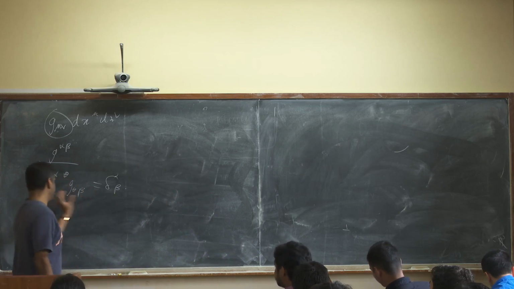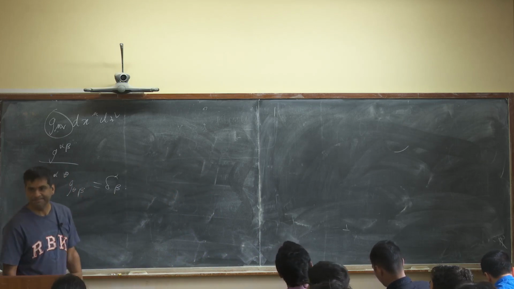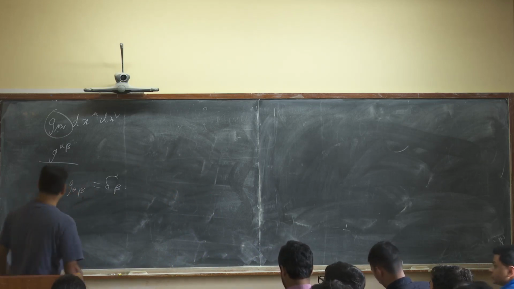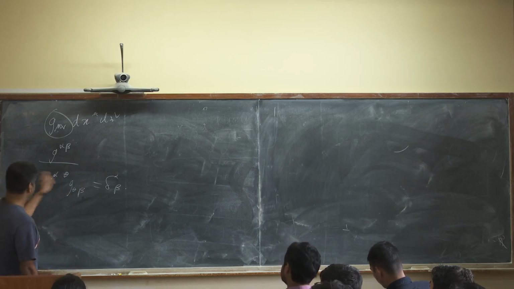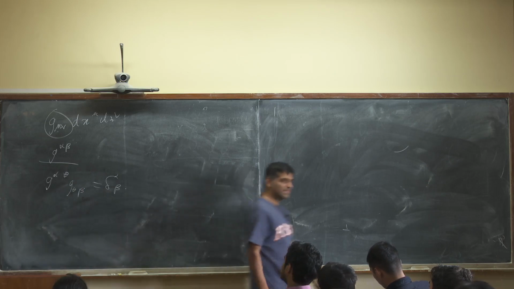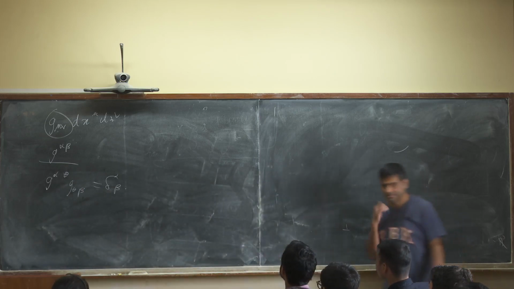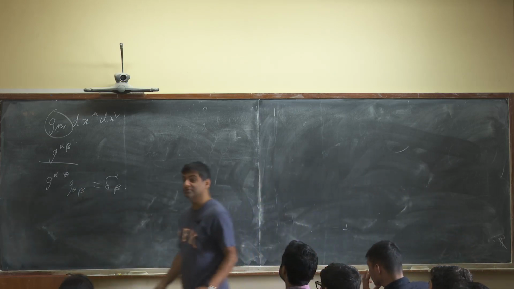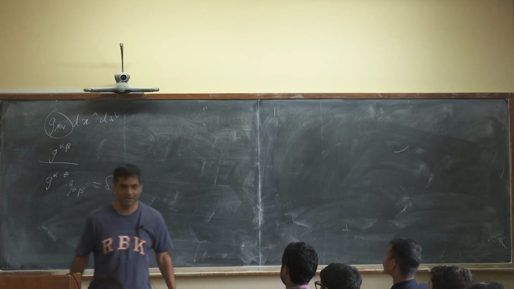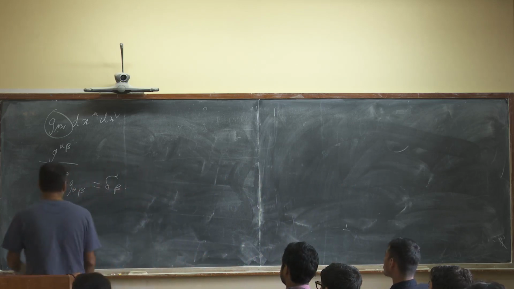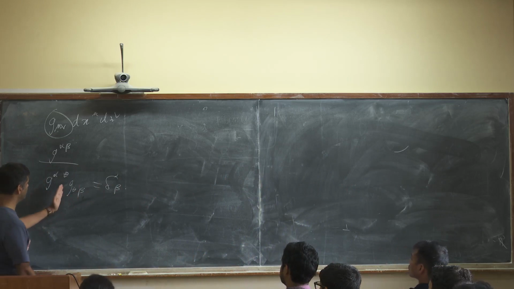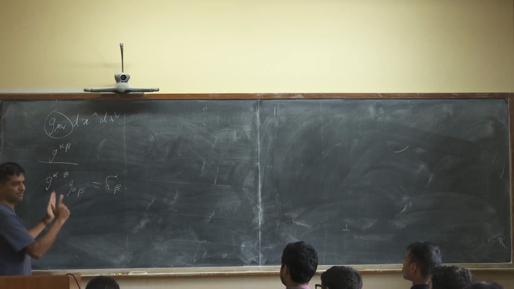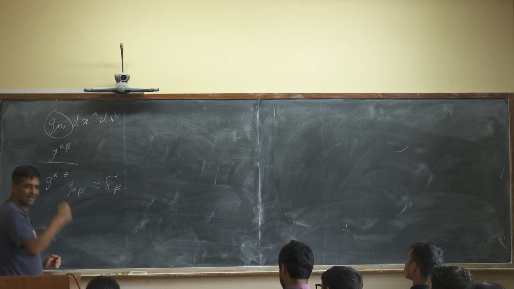Because G is symmetric, its inverse is also symmetric. Also, G transforms like a tensor with lower indices. What does that mean for G inverse? It means that G inverse transforms like a tensor with upper indices. Why is that the case? Under a transformation, this G picks up a transformation factor of del x by del x prime.